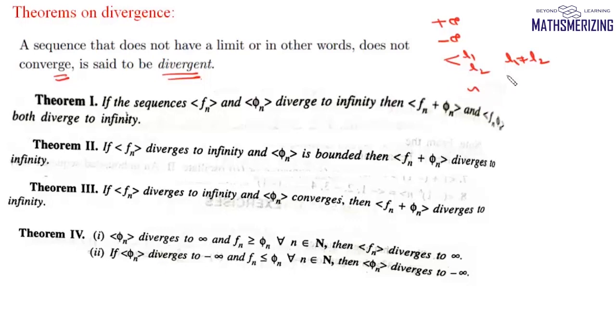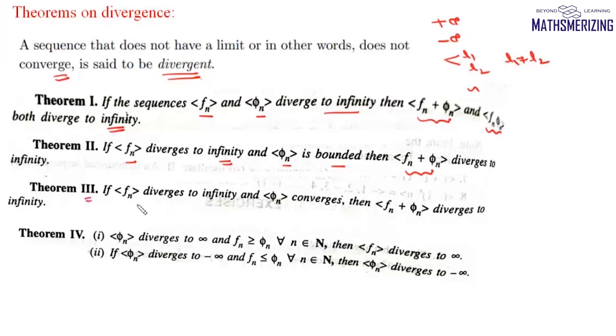Now there are some theorems on divergence, and the first one is if the sequences fn and phi n diverge to infinity, then both fn plus phi n and fn into phi n diverge to infinity as well. Second theorem is if fn diverges to infinity and phi n is bounded, then fn plus phi n also diverges to infinity.